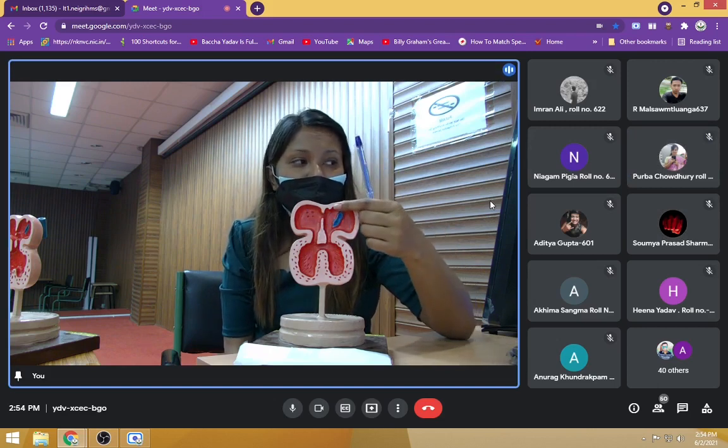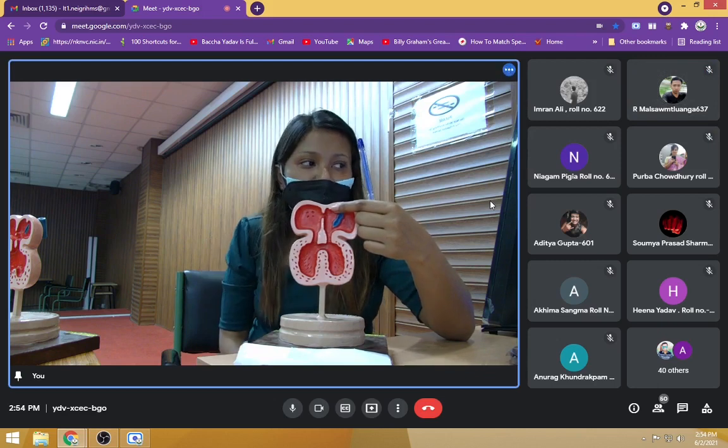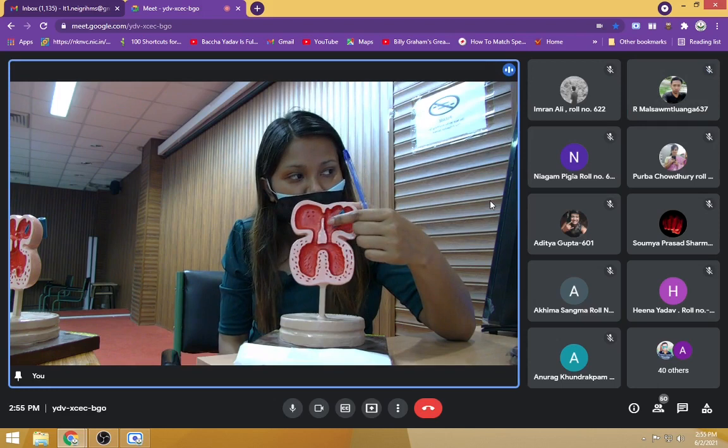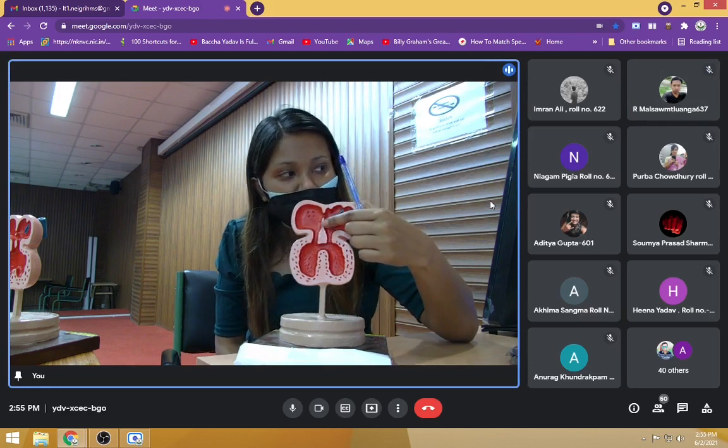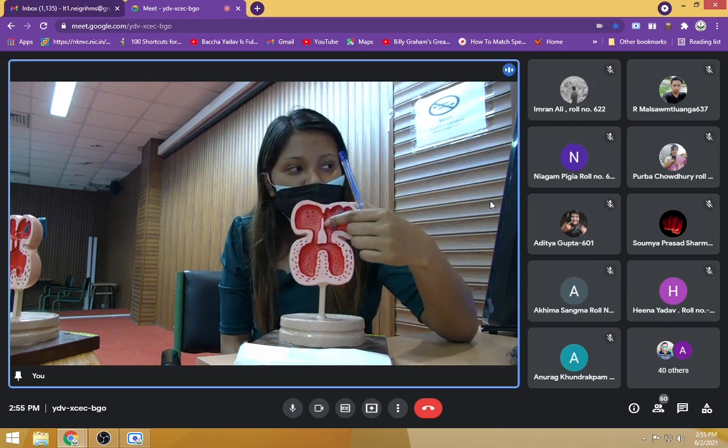Simultaneously, there will be another septum formation here. This second septum is known as septum secundum. This septum secundum will grow downwards and try to touch the septum primum.